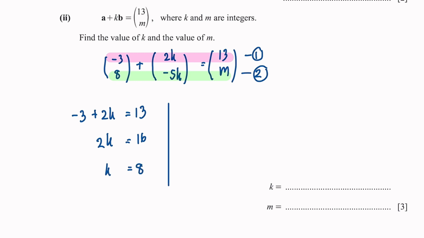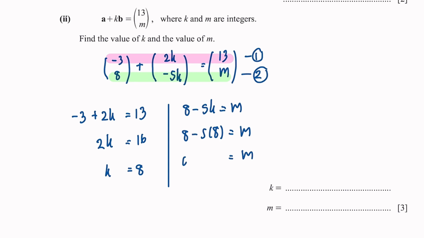And for the second one, 8 minus 5k is equal to m, and k is equal to 8. Therefore, m is equal to 8 minus 40. Therefore, m is minus 32.